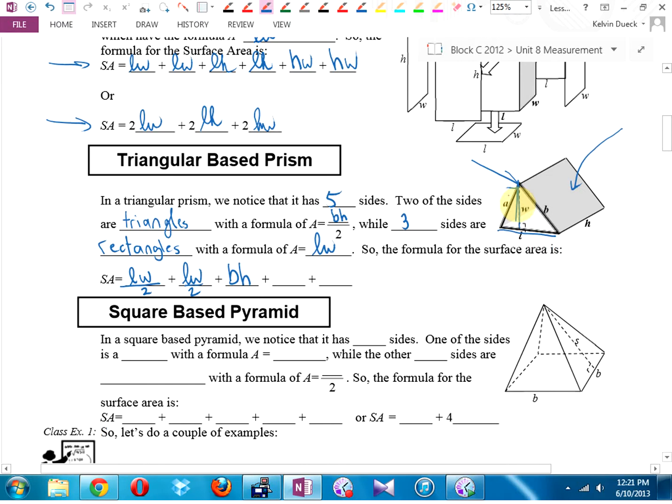That times, I think, AH, yes? And what's the surface area of the floor? Anthony, you're right. LH. And if I had numbers now, I would just go to my calculator.